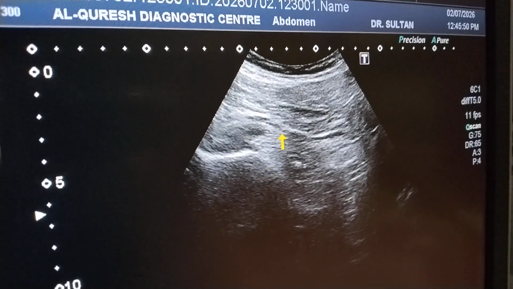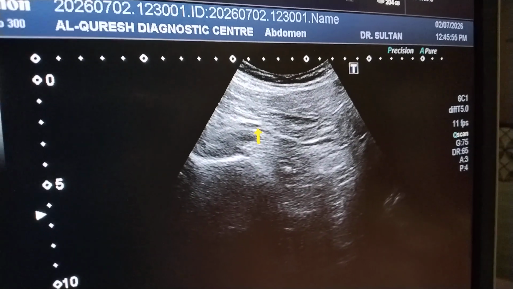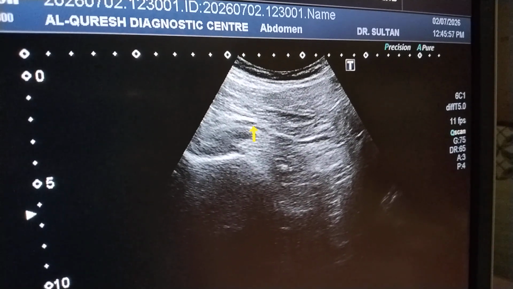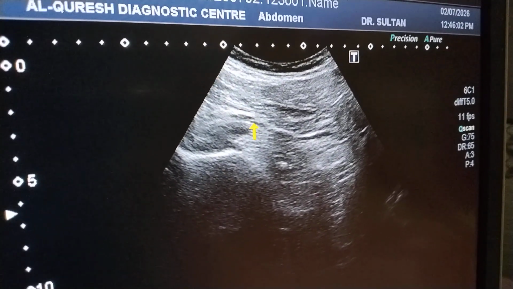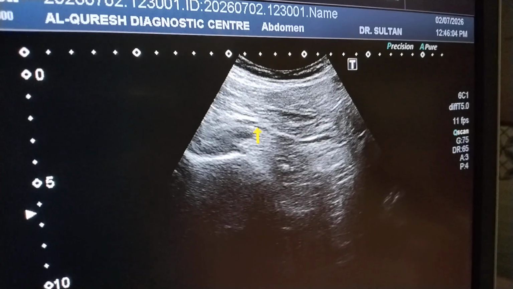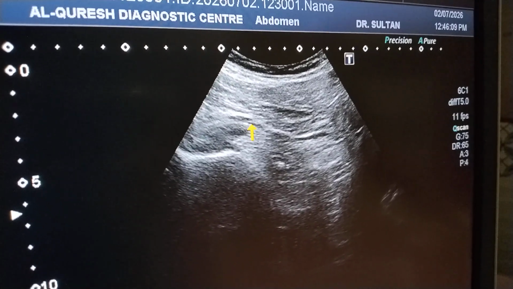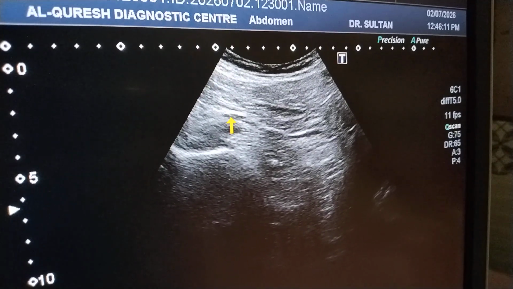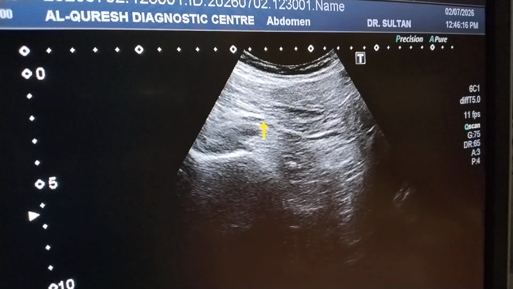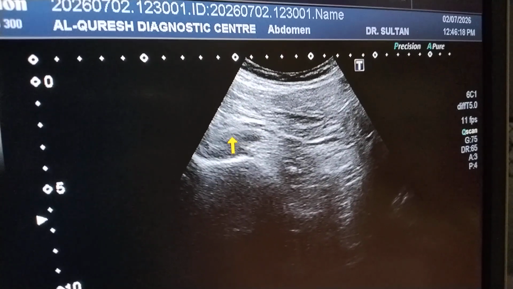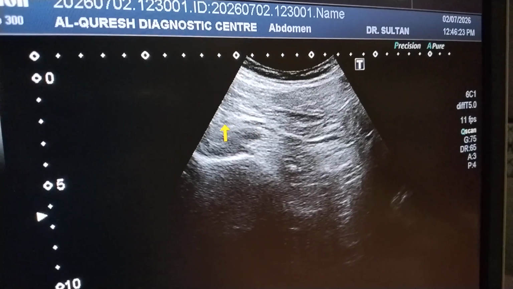It is an area where a stone can be trapped, as it is a physiological narrow constriction where the ureter crosses. So two points we have seen. Number one, the PUJ, where there is a physiological narrowing, and the other is the crossing point of the iliac vessels, where there is also a physiological narrowing. In these two points the stone can be trapped.